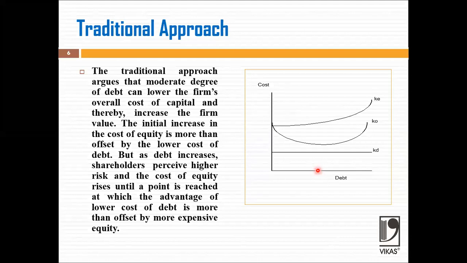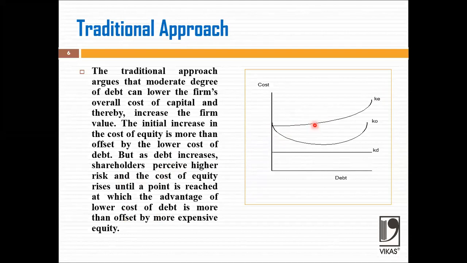So in the early stage, we can't observe much increase in the cost of equity. Right here, it looks like a straight line. But as debt increases, shareholders perceive higher risk and the cost of equity rises until a point is reached at which the advantage of lower cost of debt is more than offset by the more expensive equity.